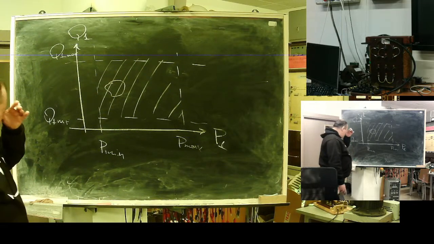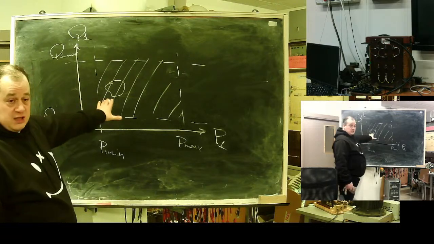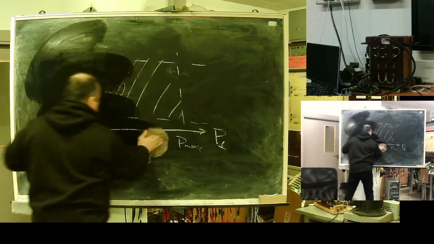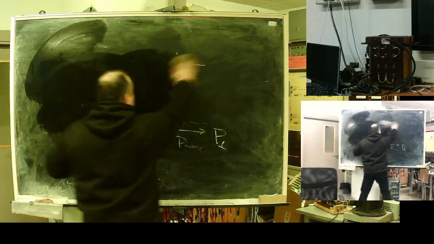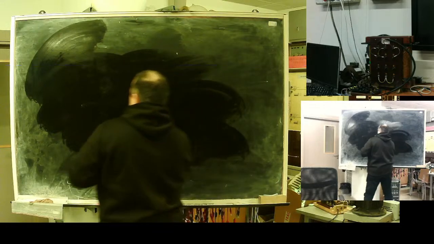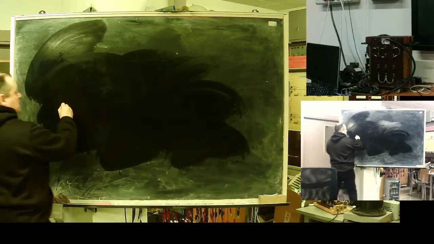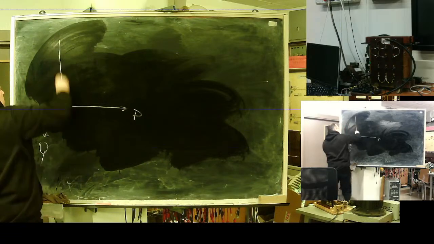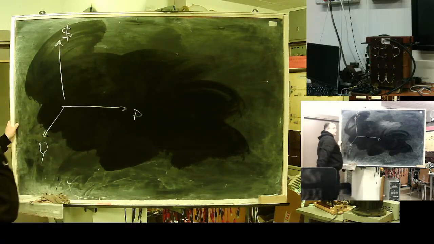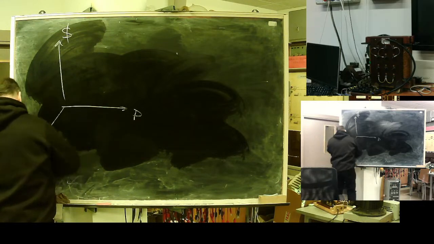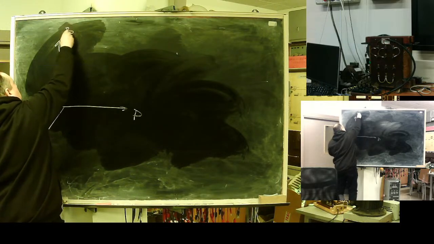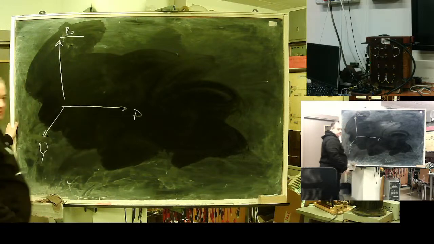Okay, let's go back. Nice chart, isn't it? I can try to show the idea in 3D. Let's say this is active power, reactive power, and profit. Or I can use another word instead of profit: fuel consumption.